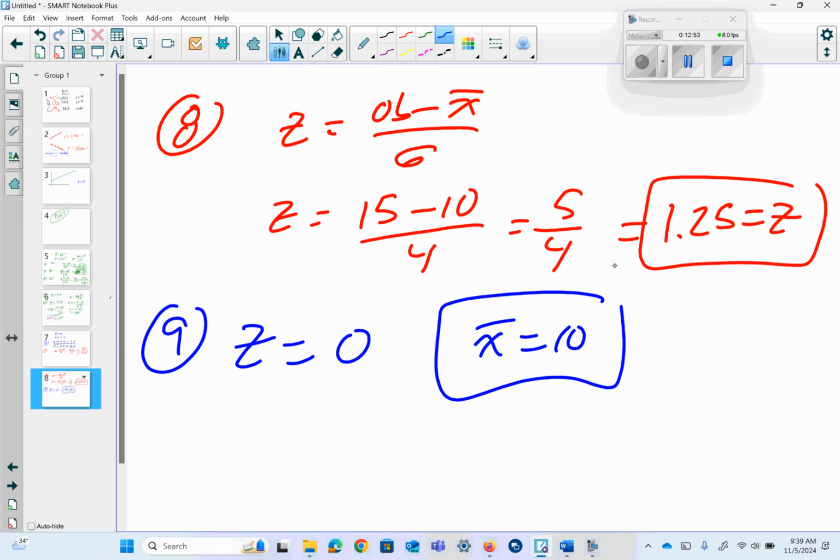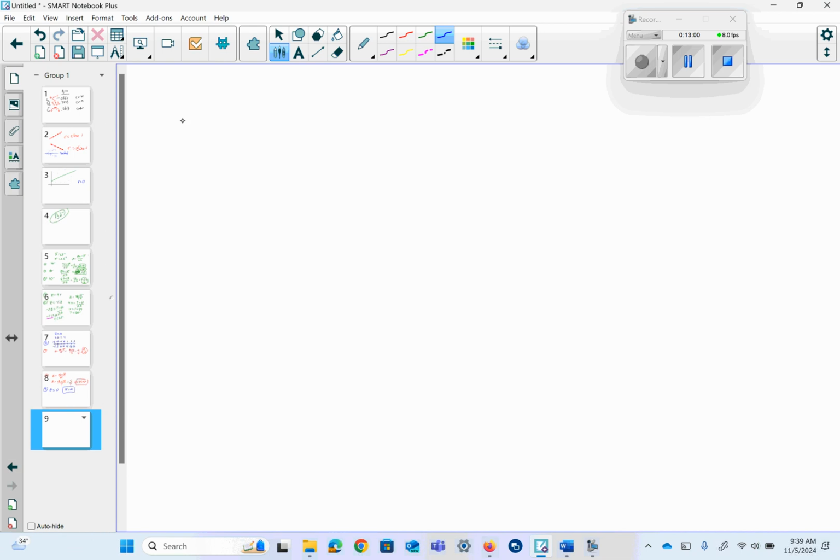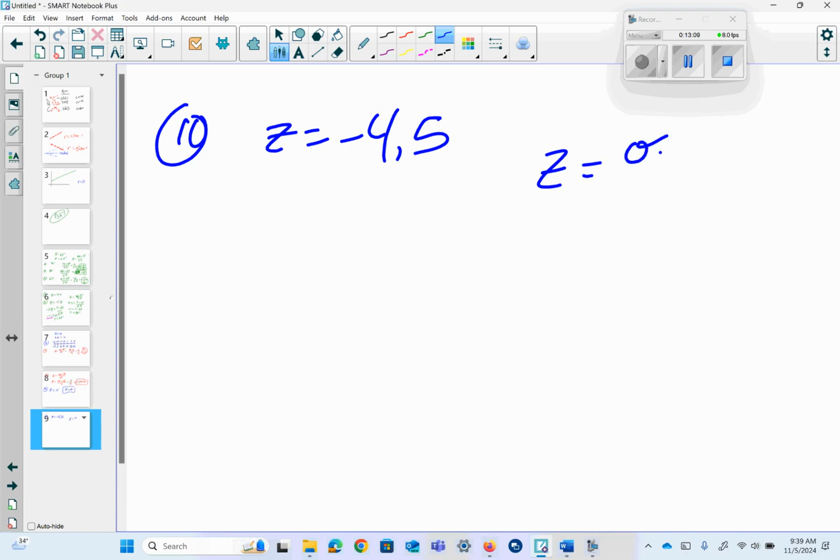In which year was the z-score -4.5, the annual investment return? Okay, number 10. The z-score is observed minus the average over standard deviation.